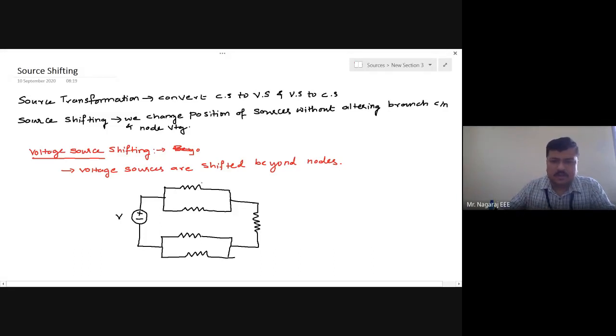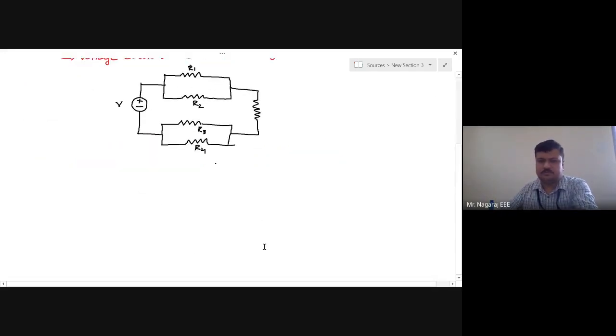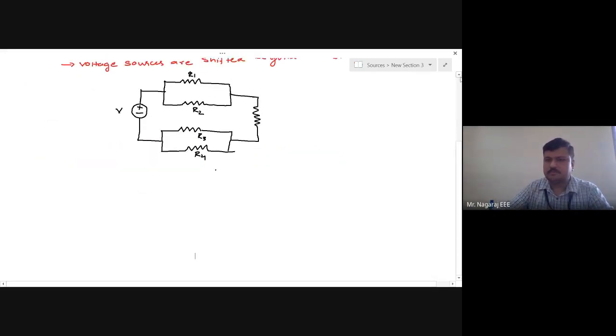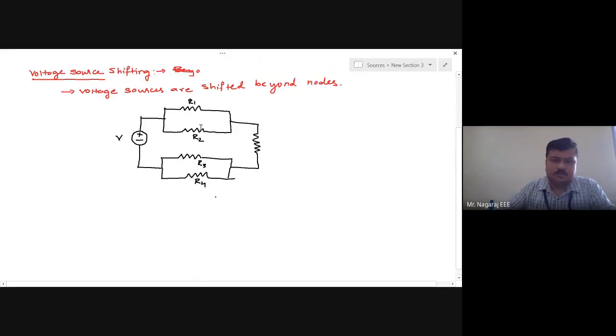Now let me give the resistance names as R1, R2, R3 and R4. There are four nodes actually.